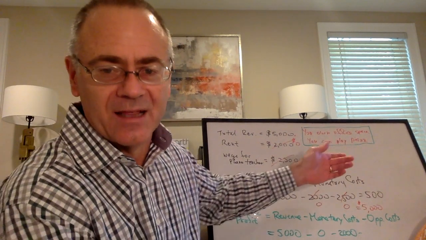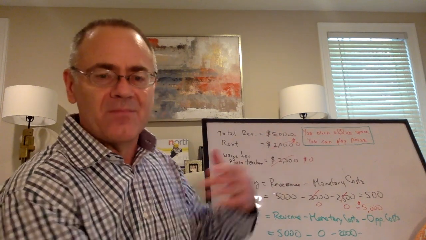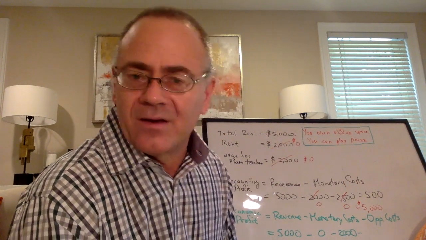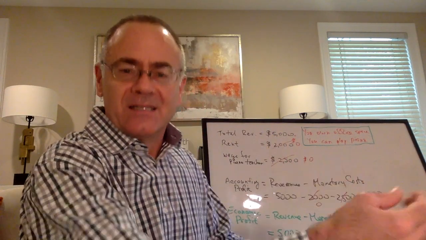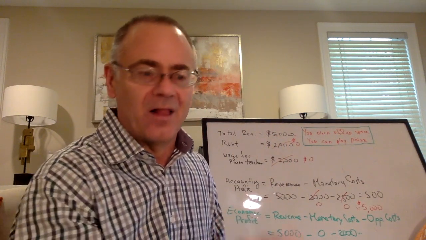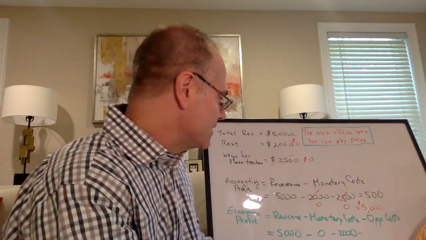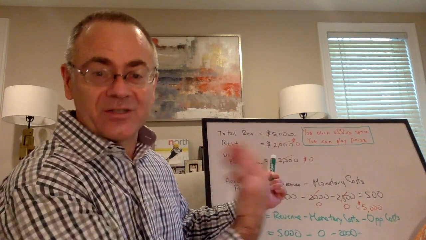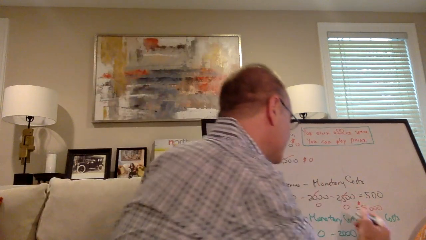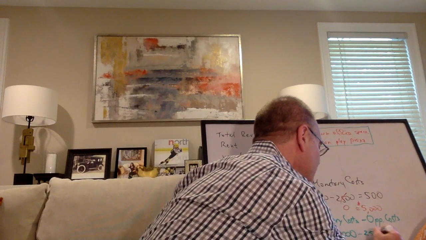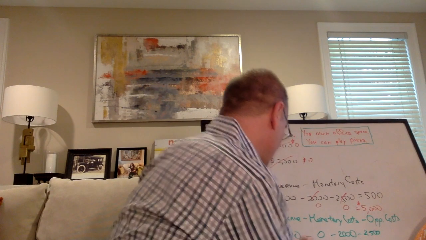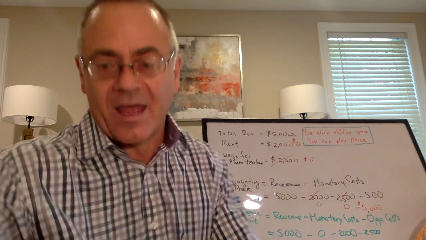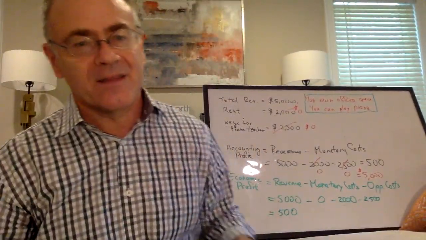Maybe I should have changed the numbers slightly, but let's assume it's the same. I could have done something like been a waiter or something, and during that time, instead, I could have made $2,500 rather than devoting my time to a piano lesson. So that $2,500 that I don't get from being a waiter, that's an opportunity cost. So that's 2,500, and so here again, we'd call the economic profit only $500 when we add in the opportunity costs. Okay, so that's the key thing.